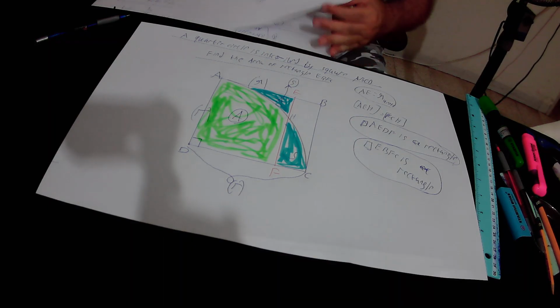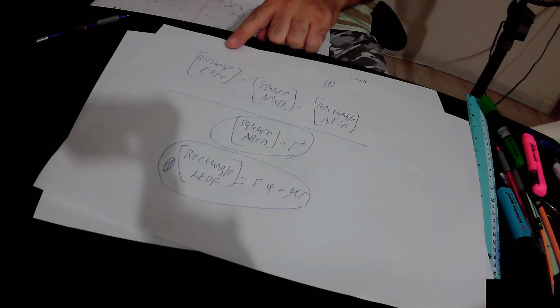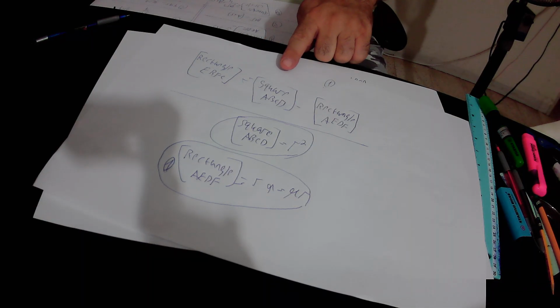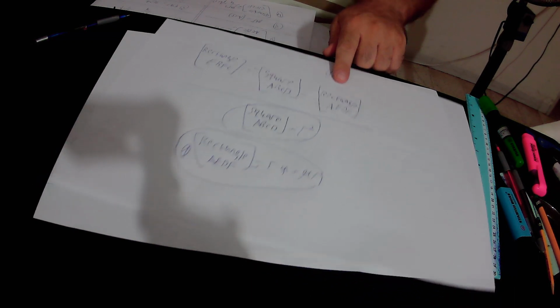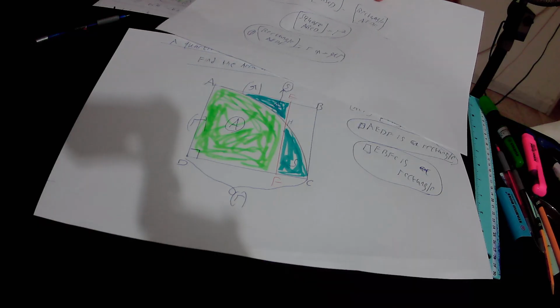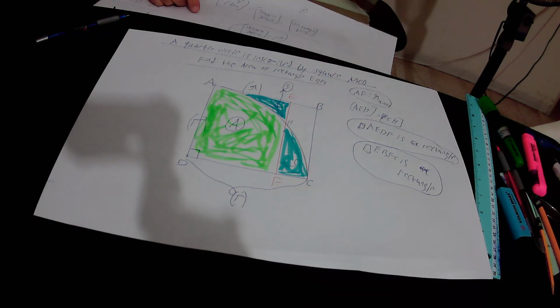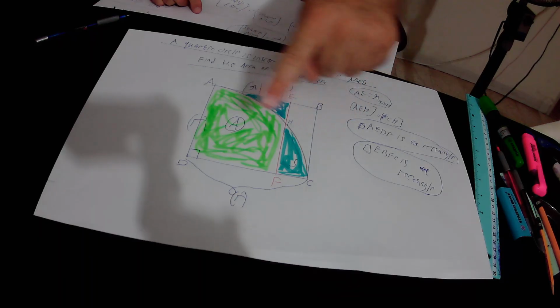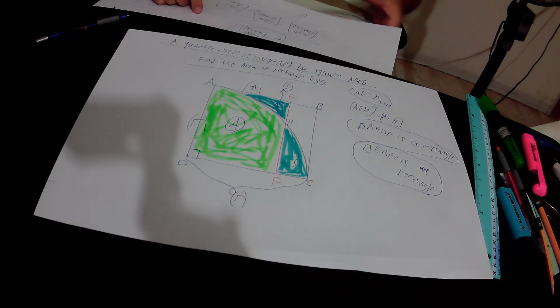And again, the area that we are looking for in this question, that is the area of the small rectangle EBFC, is equal to the area of the big square ABCD minus the area of rectangle AEFD.